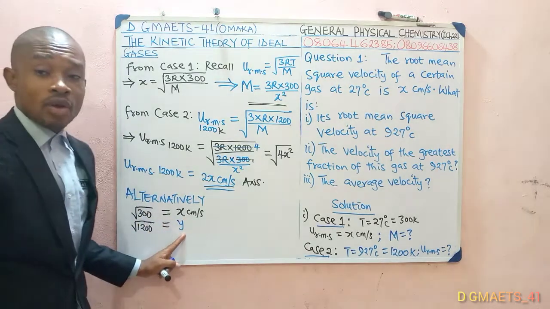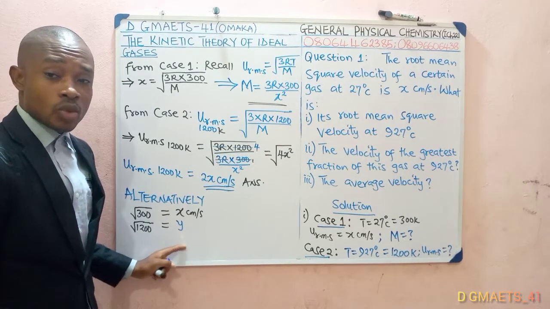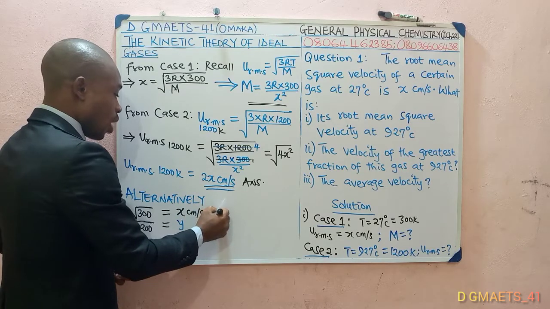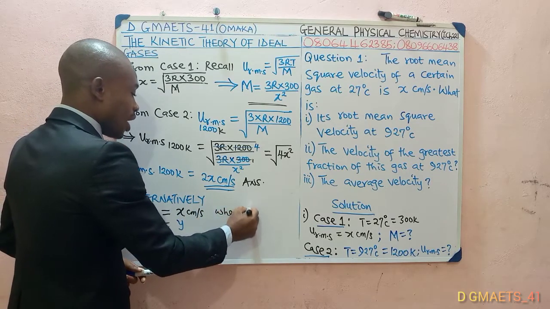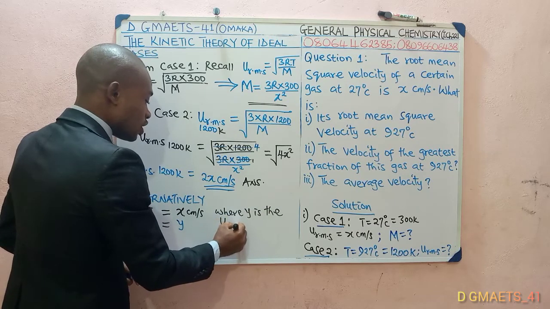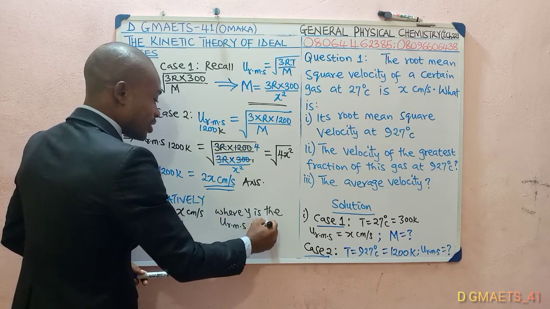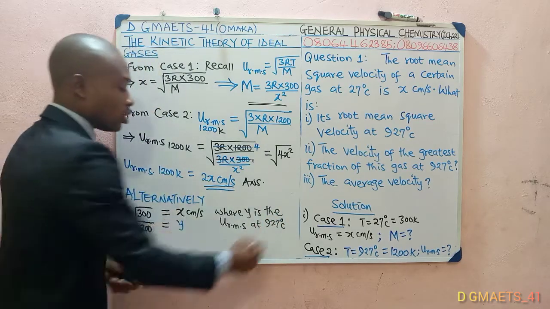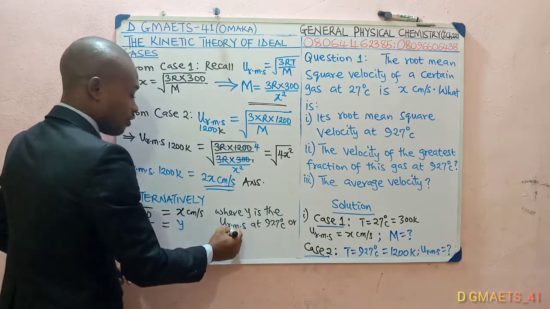This y now is what we are looking for. Let me indicate it. Where y is the root mean square velocity value at 927 degrees centigrade or 1200 Kelvin.